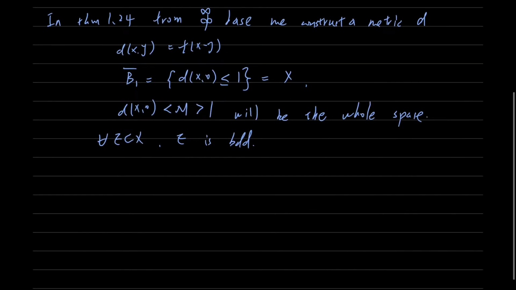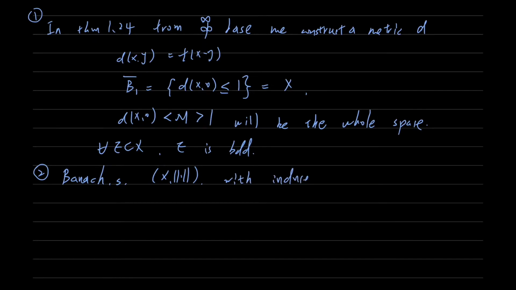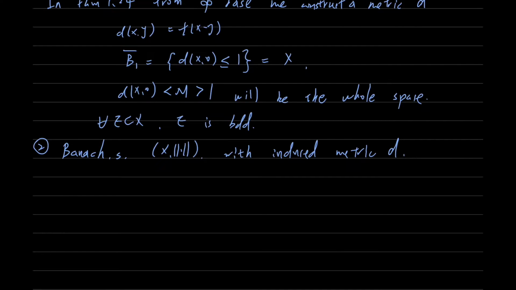And another example we have, so let's mark this as 1, is for a Banach space, so say X with a norm with the induced metric d. So this metric will induce a topology that is compatible with the topology induced by the norm, right?